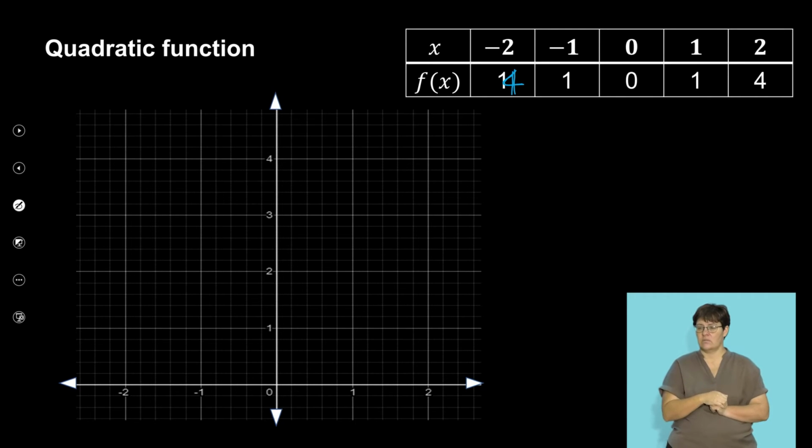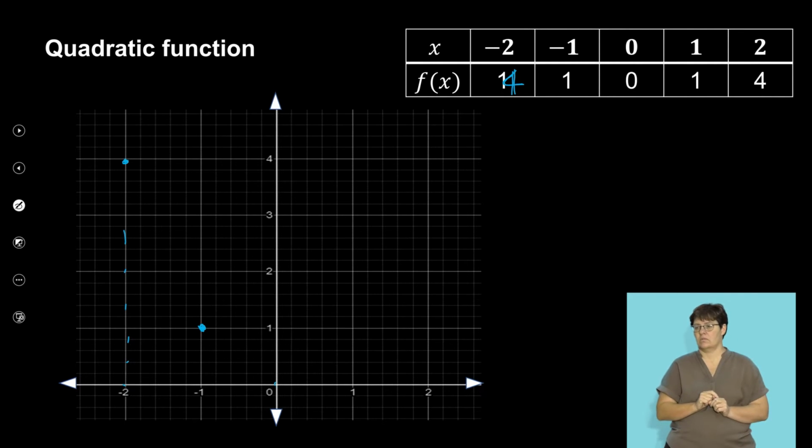Firstly, I will start with -2. From 0, you move 2 units to the left. At -2, you move 4 units up. So it will land you at this particular point. And then -1, you move 1 unit up, it will land you at that point.